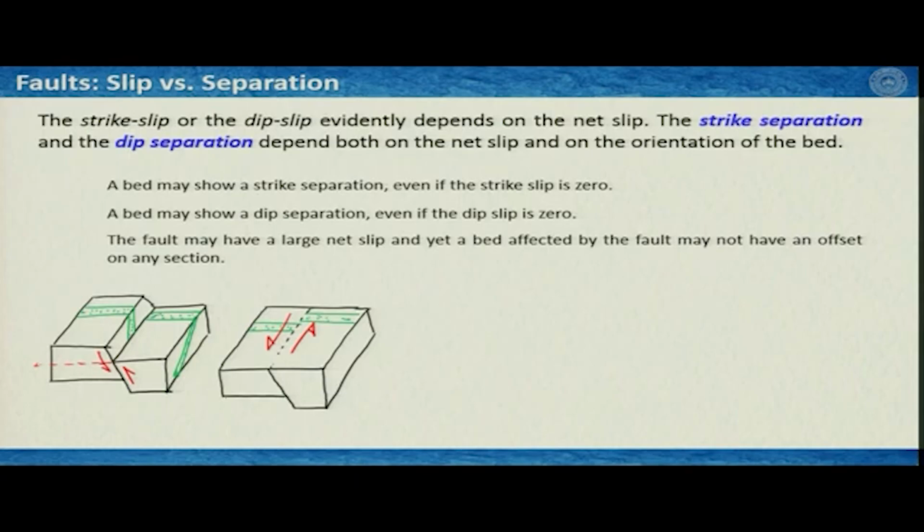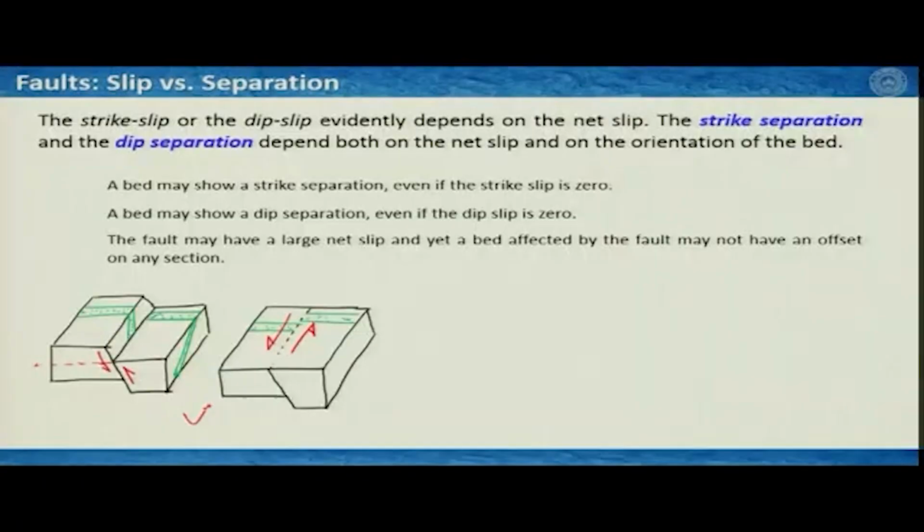Now, again a bed may show a dip separation even if the dip slip is 0. So, for example, you are having a strike slip fault and it is showing a dip separation. So, you can try this drawing. Even if you can have a dip slip fault, you may not see any dip separation.